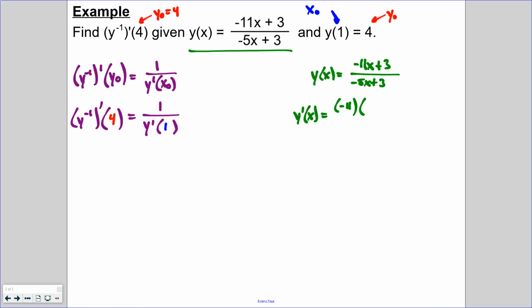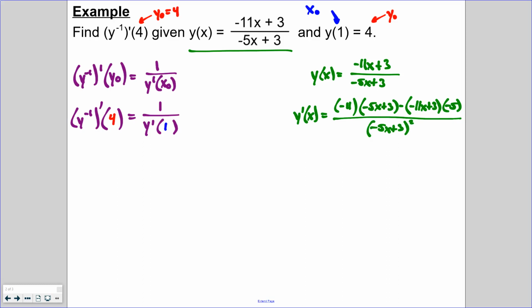And we're going to multiply that by the denominator, or the bottom, which is negative 5x plus 3, minus the numerator, or the top, negative 11x plus 3, and then times the derivative of the bottom, which is negative 5, and it's all over negative 5x plus 3, quantity squared.